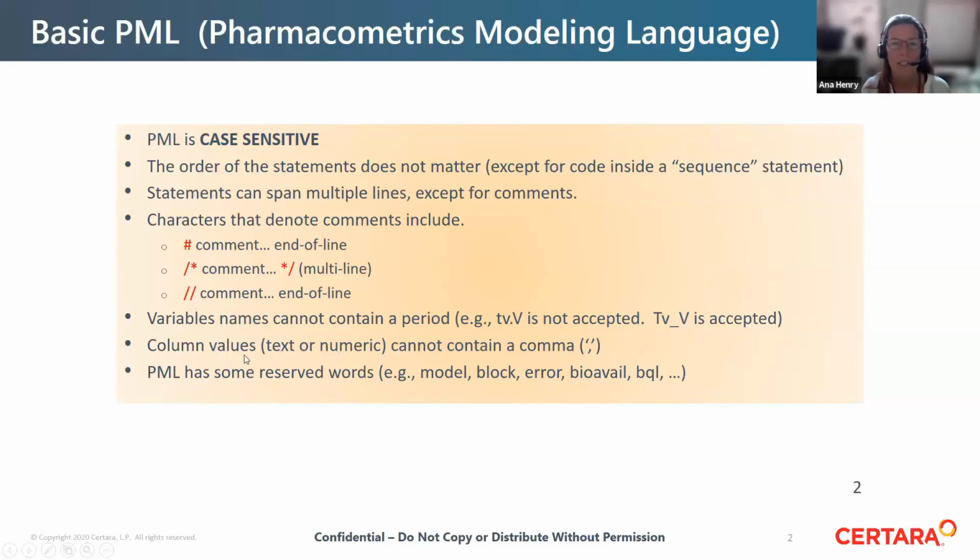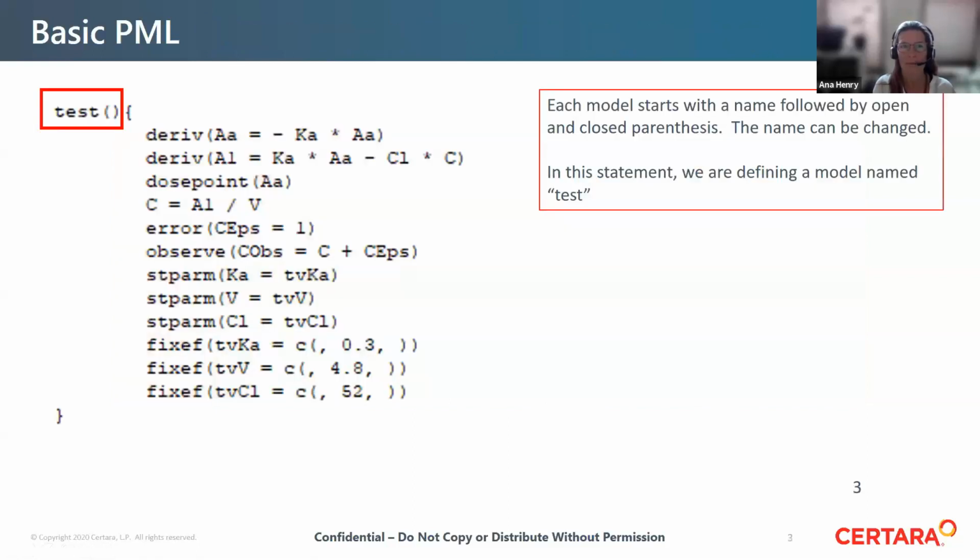This is important, especially if you are in Europe, where some of the values are sometimes presented with a comma. You need to be very careful with that. And I'm not going to go through the whole list, but PML has some reserved words, like for example model or block, etc. So sometimes you may run into issues if you're trying to use a reserved word. And I'll point you to the guidance where all of those are specified.